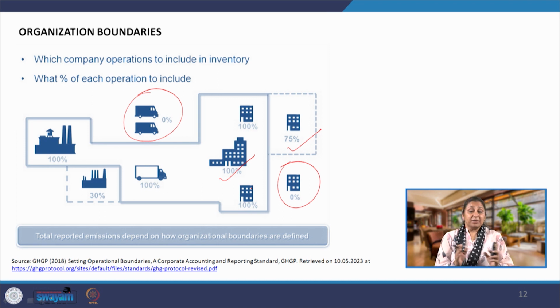So, the bigger the company is, the more assets it has and the wider its distribution network, we will have to invest a lot of time to understand what my organizational boundaries are. For example, if you read the protocol, and I will give you a lot of different examples too, take a very large cosmetic giant.